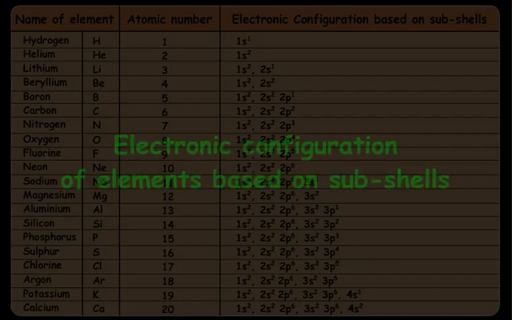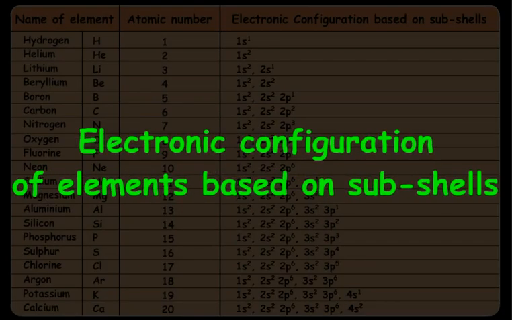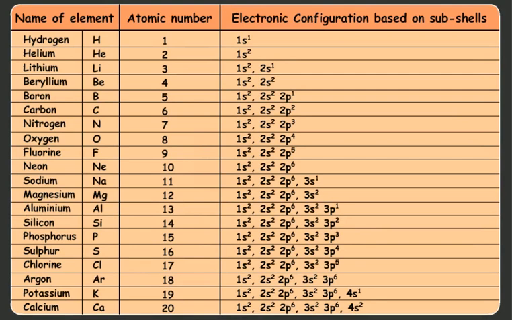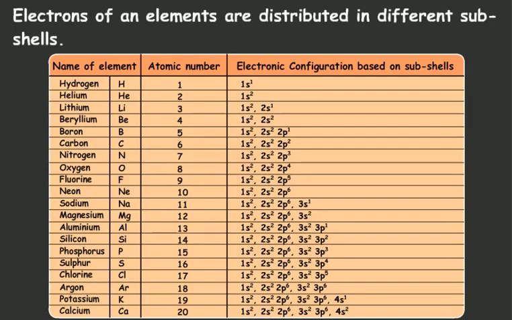Students, you have already learnt about the electronic configuration of elements based on subshells. Let us take a look at the electronic configuration of some important elements. Electrons of an element are distributed in different subshells.